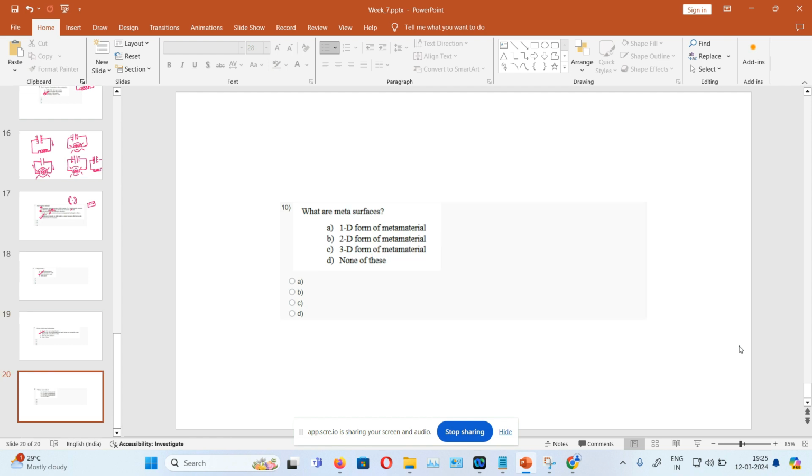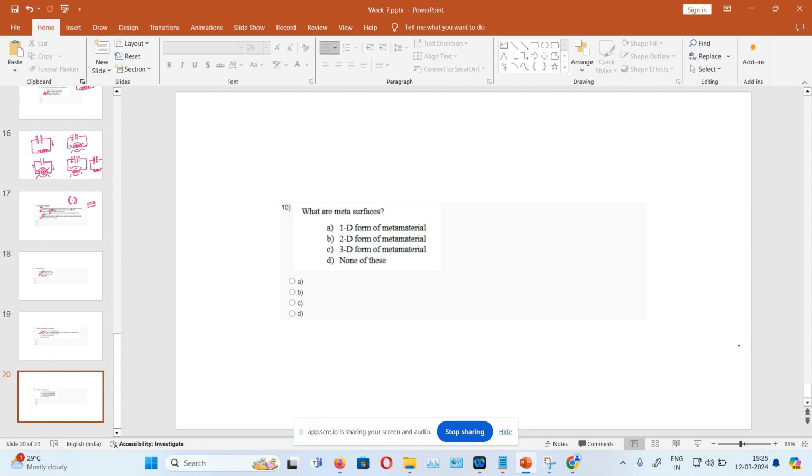Now comes a direct answer question. What is meant by metasurfaces? Metamaterials are materials which do not have a refractive index like normal materials. They have a refractive index which is negative in nature.